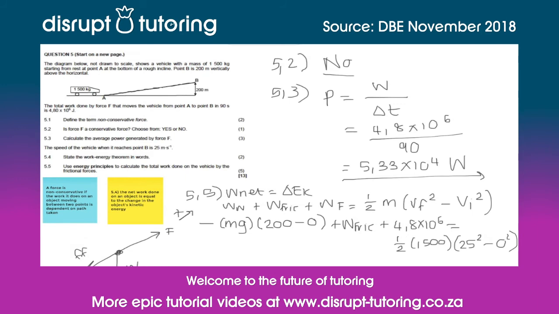So it's only the weight force that we made negative. We kind of expect the frictional work to come out negative, because the vehicle is traveling positively up the slope, which means friction is going to oppose that, but we don't assume it yet. When we substitute everything into our calculator and solve for the frictional work, that gives us minus 1,391,250 joules.